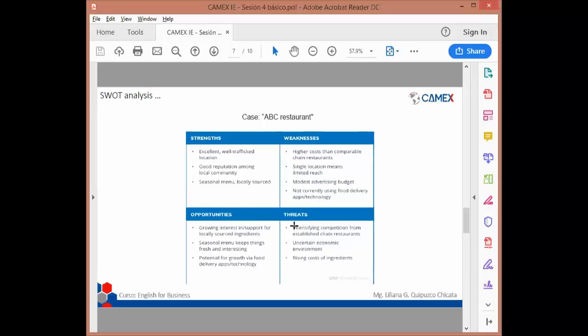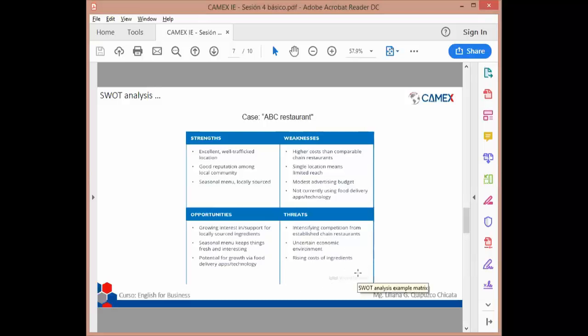We should put here that a potential threat would be the phenomenon El Niño happening in Peru, which would mean rising costs of ingredients, especially lemon. So we will have this potential threat, and we are not going to have any power to make it not happen.